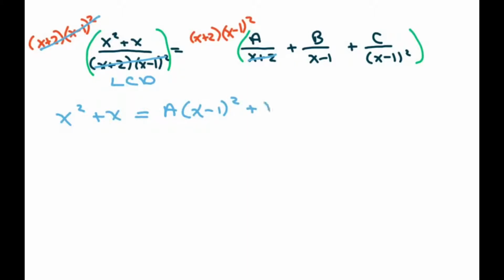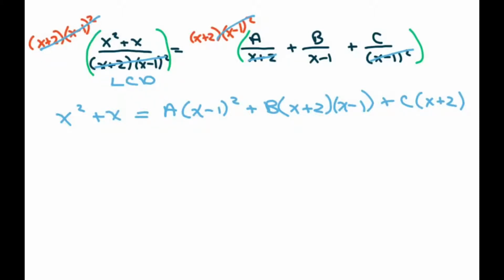Then we have plus B, and we have our x plus 2, and we have another x minus 1, because one of them canceled. And then we have plus C, and these two cancel here, so we're left with C times x plus 2.